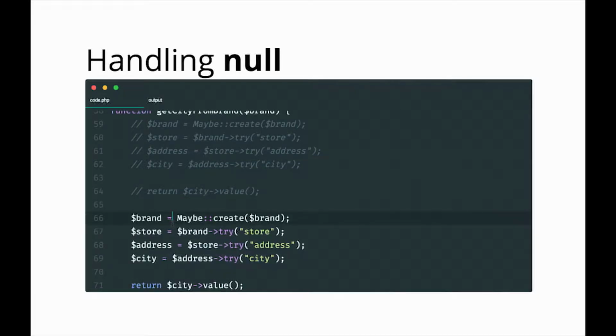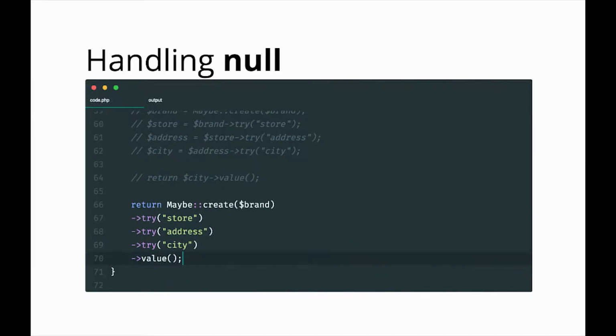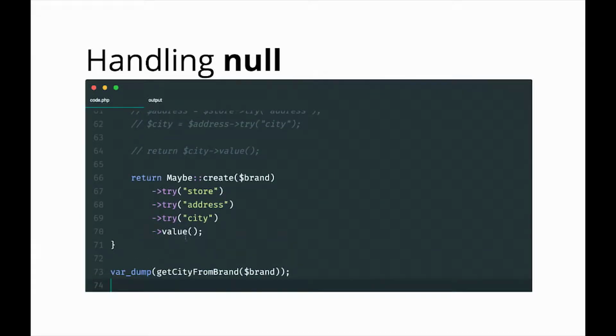Instead of doing all this mess, we can rather return right from here, and we can call try as we might. Right at the end, we can call value just to unbox it. Let's take that out, and let's do some indentation. Now I'm hoping this works a lot better than what we had before. Yes, it still works. We can chain it.